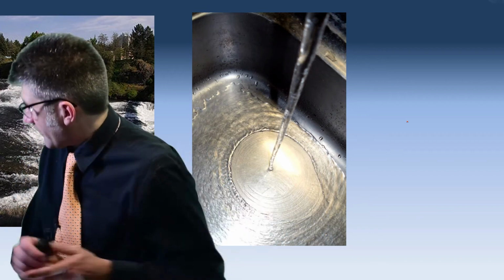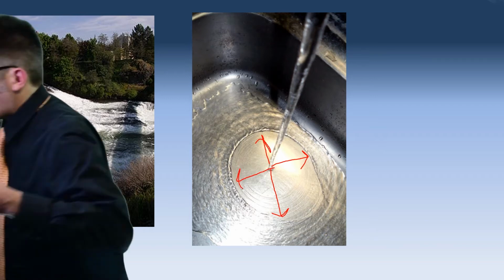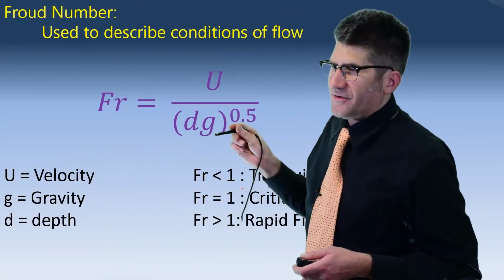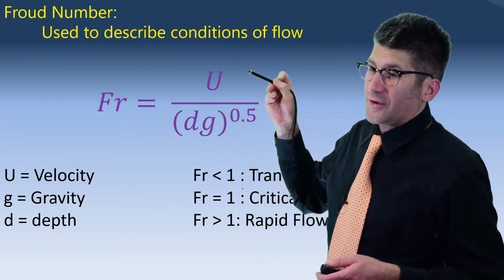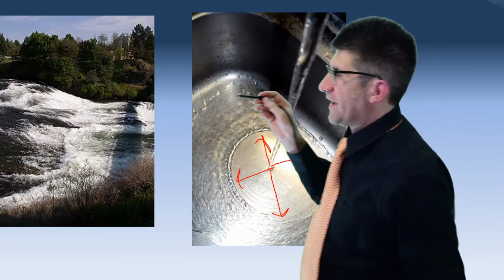Hold on, let me get my pen out here. So the water spreads out in all directions. And so because of that, the water is moving over a larger and larger area as it spreads out. And so what happens is that velocity goes from high to low. And so we lower this number and we go from rapid flow to tranquil flow.